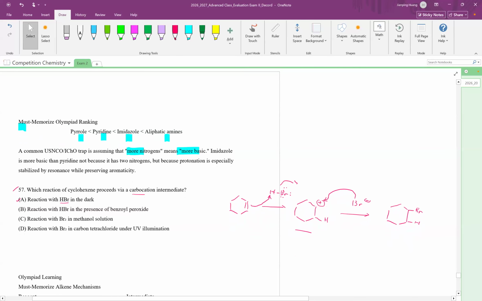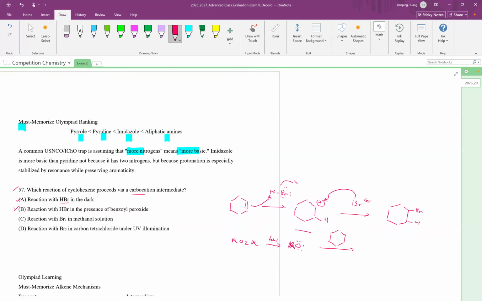That reaction, do you think it is a radical reaction? It is a radical reaction. Why is it a radical reaction? See? Radical, right? And now what happened? One electron goes to here, one electron goes to here, one electron goes to here, right?